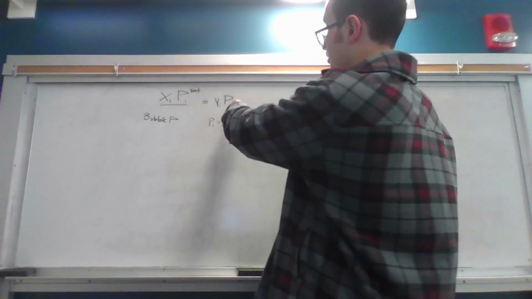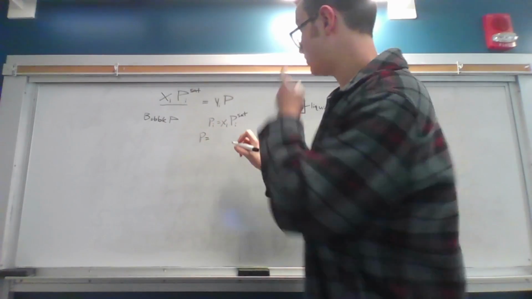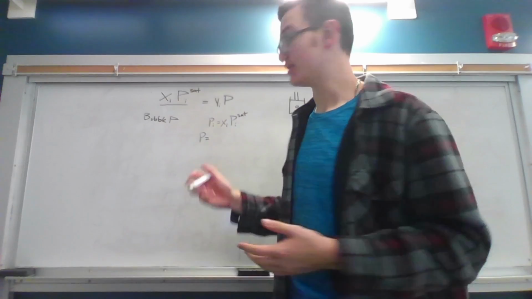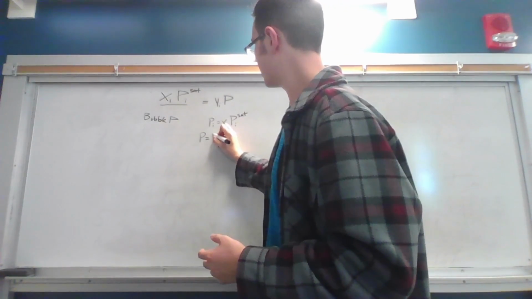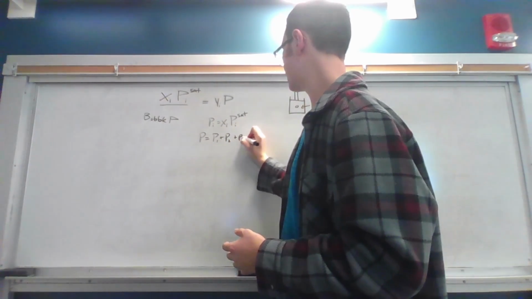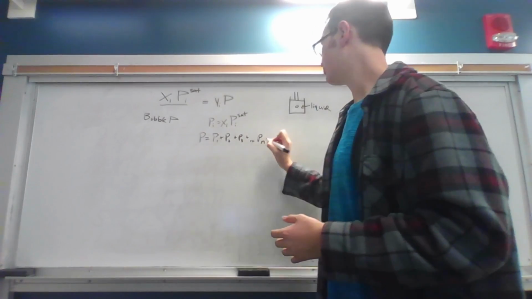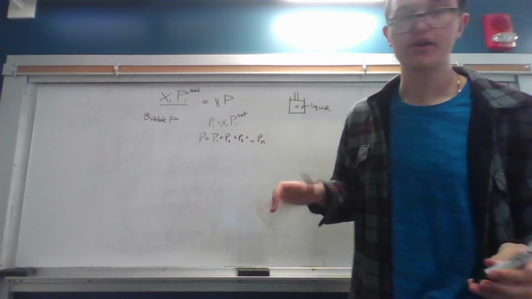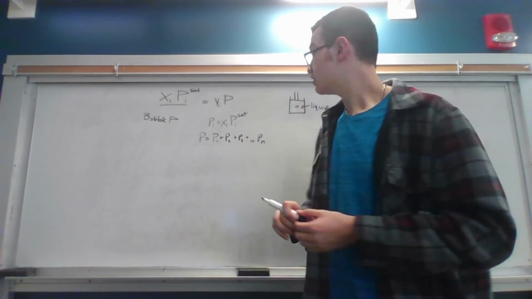Well, then we know that the total pressure is equal to the sum of all of the partial pressures: P1 plus P2 plus P3 plus ... however many components you have until you have Pn. In a binary, you would only have pressure 1 and pressure 2, and so on.